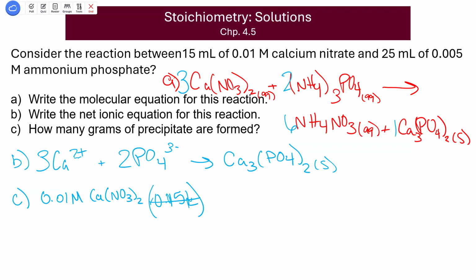Sorry, 0.015 liters is what that's supposed to be multiplied by. And we end up with 0.0015 moles of calcium nitrate. And we're going to do the same thing for our ammonium phosphate.